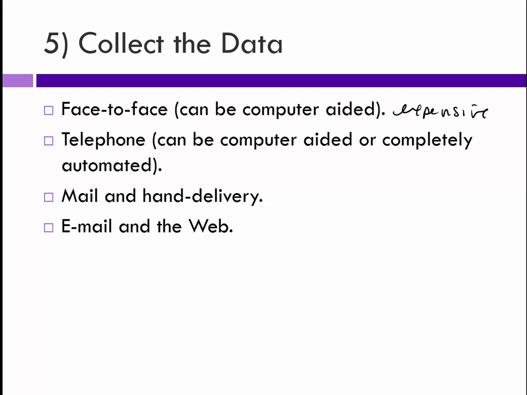Phone, it can even be completely automated, but again, you're going to have a lower response rate. Same with mail. So these are going to have a lower response rate because people filter out their calls or don't answer the mail. And then email and web. This is increasingly used for a lot of things because it's quick and it's inexpensive.